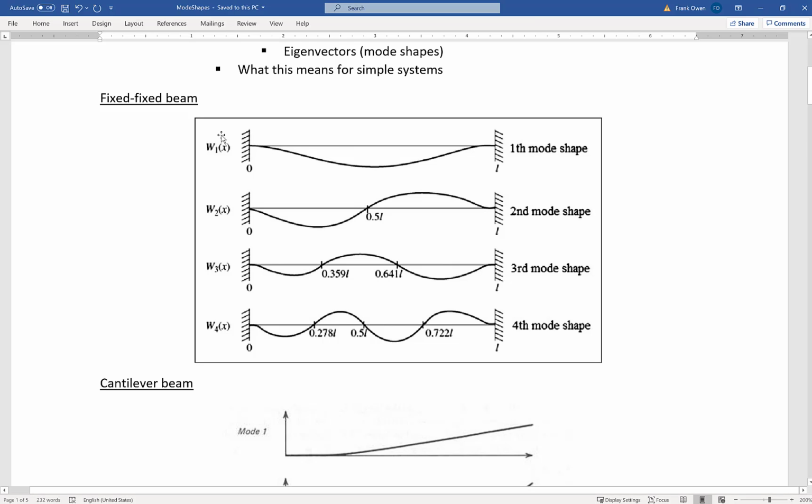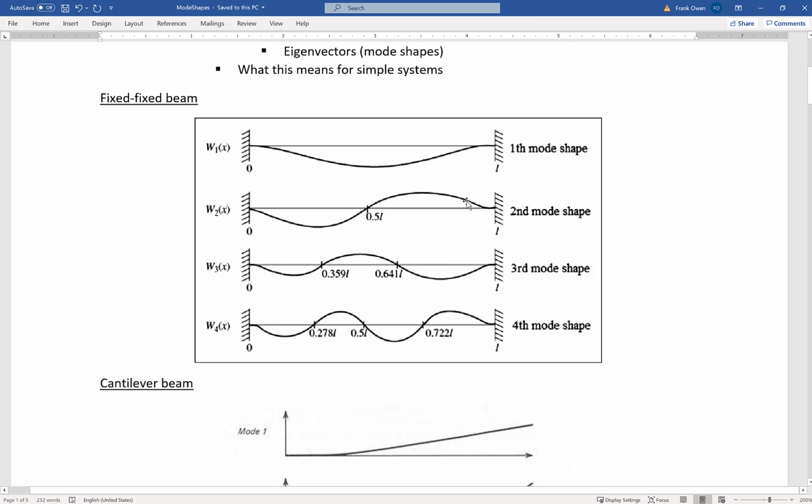So, for instance, this first mode shape, which is just the beam bending like a sine wave in a way, with one peak, is the fundamental mode, and normally it will be the one that is most easily excited.